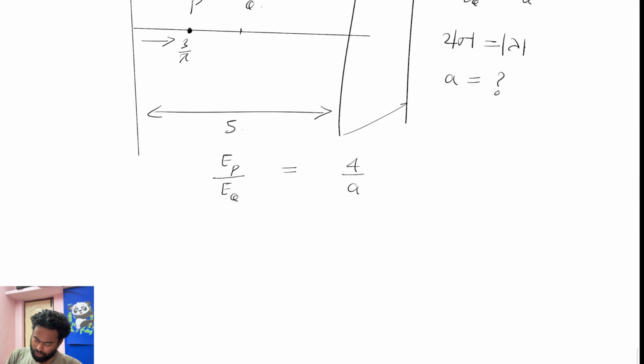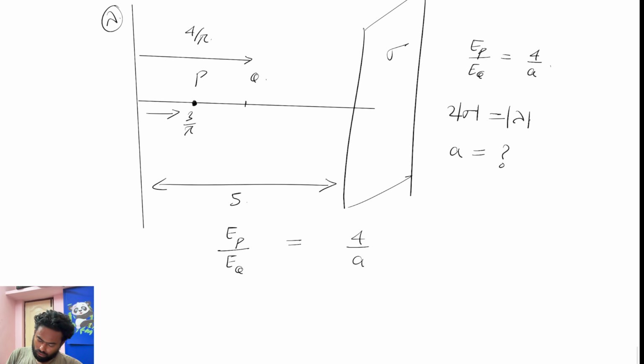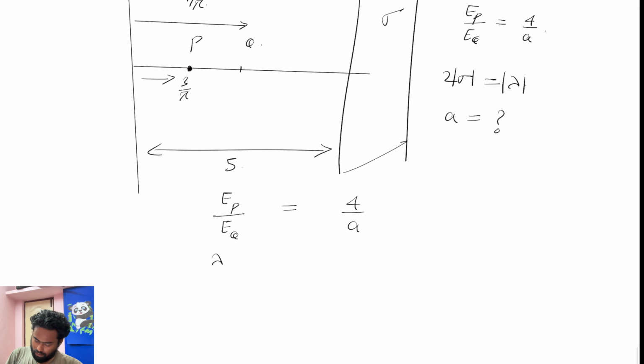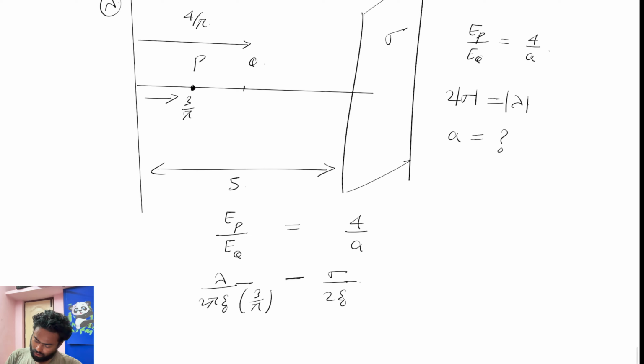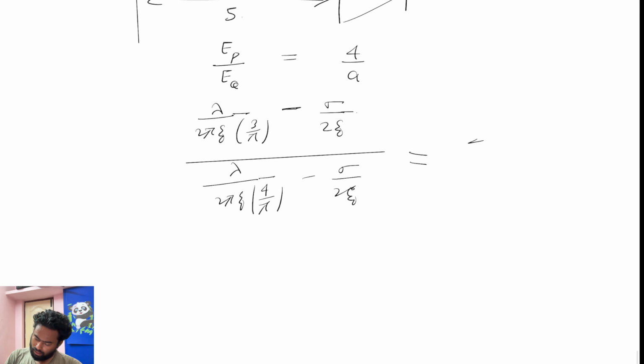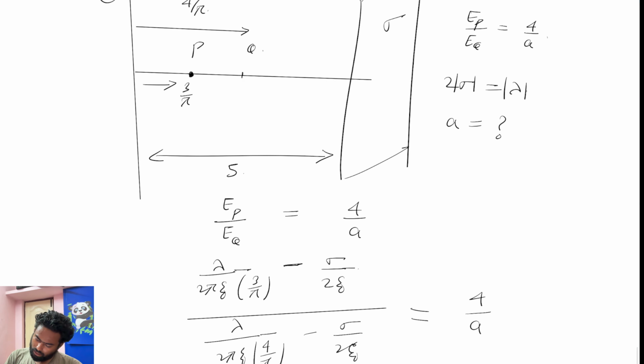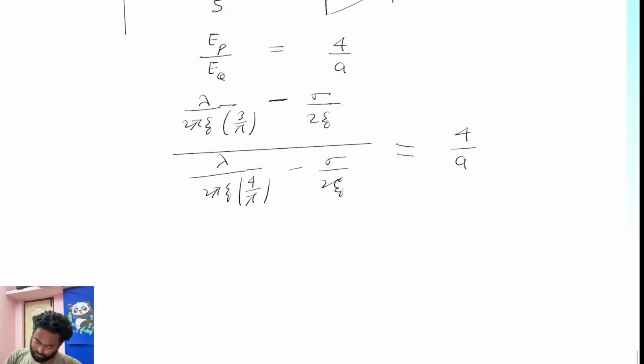Let's write down the electric field at P. Due to the wire, lambda by 2 pi epsilon naught into 3 by pi, minus due to the sheet, sigma by 2 epsilon naught, whole divided by the electric field at Q, lambda upon 2 pi epsilon naught into 4 by pi minus sigma by 2 epsilon naught, equals 4 by A. And lambda is given as 2 sigma.